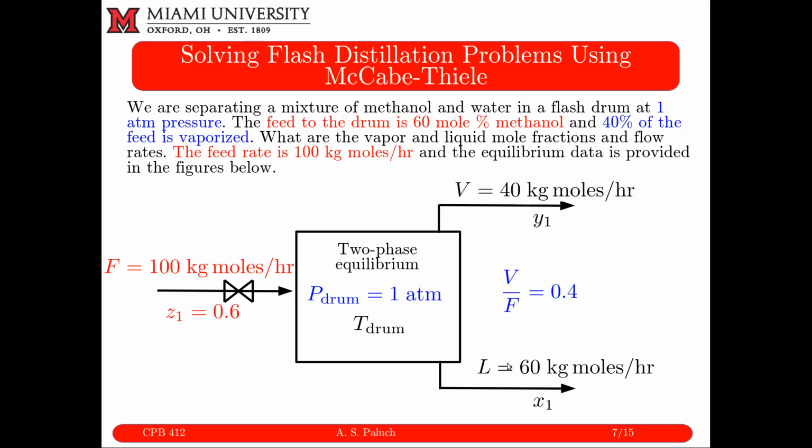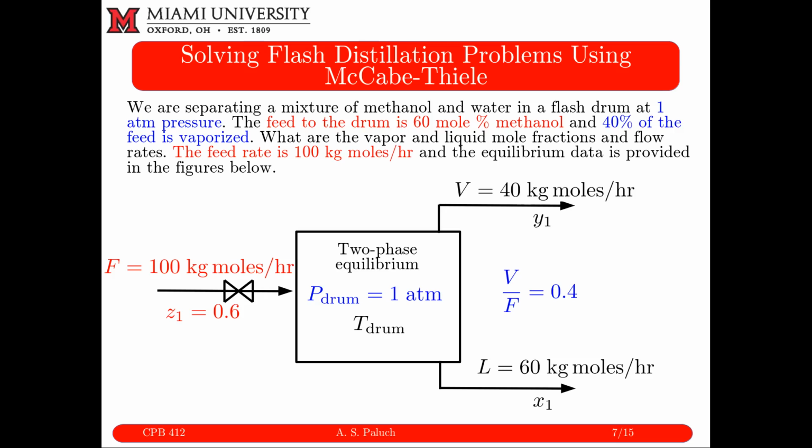And what will happen is our component mass balance will give us a constraint equation which will eliminate that last degree of freedom. And so what we can do is solve our component mass balance along with our equilibrium relationship, right? And that'll give us 2 equations with 2 unknowns, right? And that'll allow us to solve our problem.